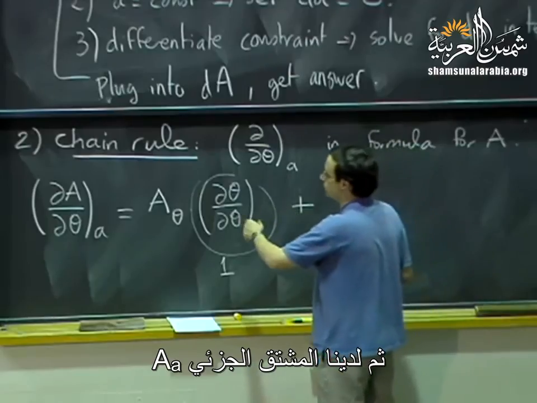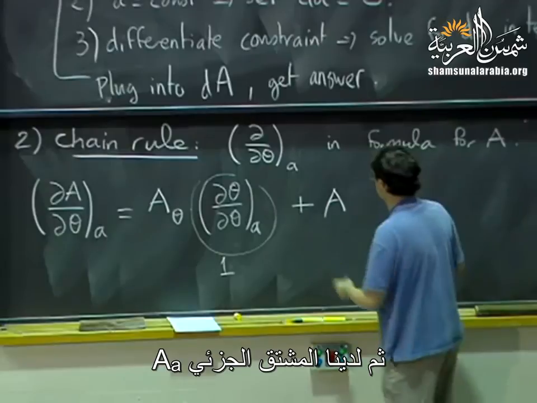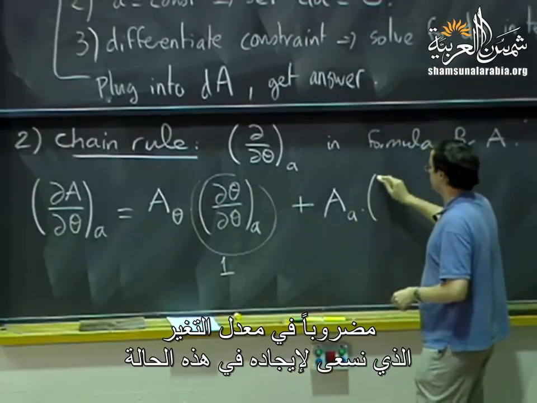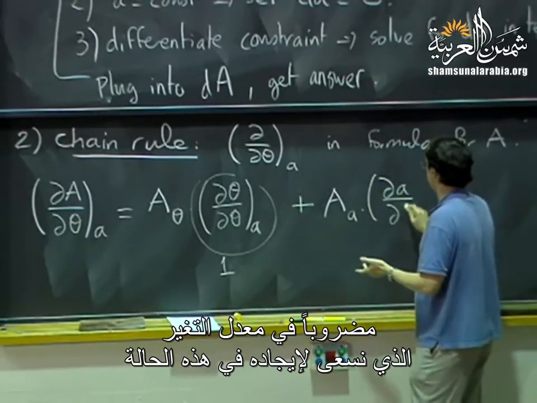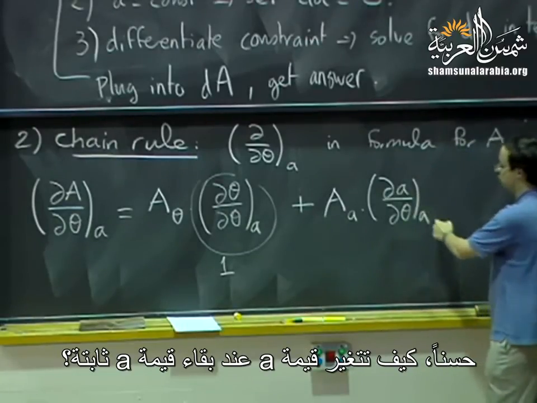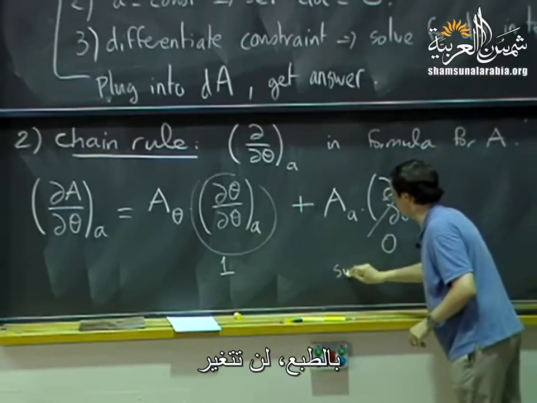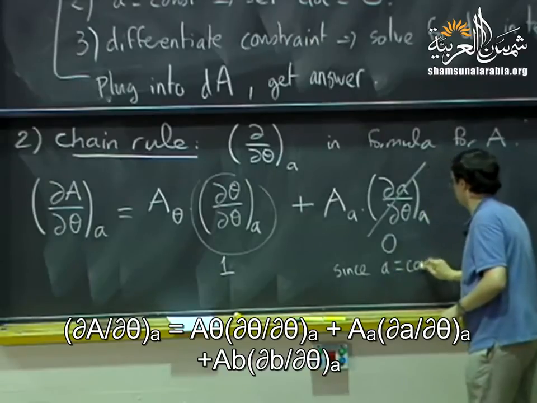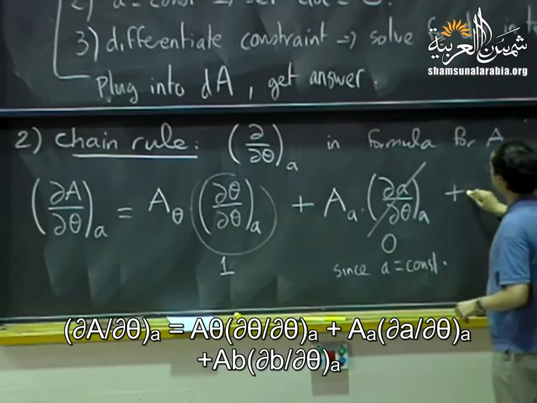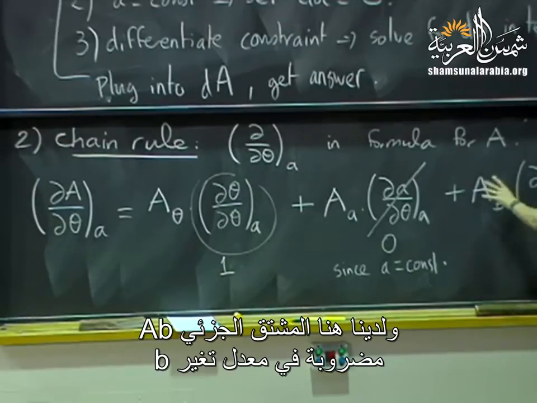Plus, then we have the formal partial derivative of A with respect to little a times the rate of change of a in our situation. Well, how does little a change if a is constant? It doesn't change.